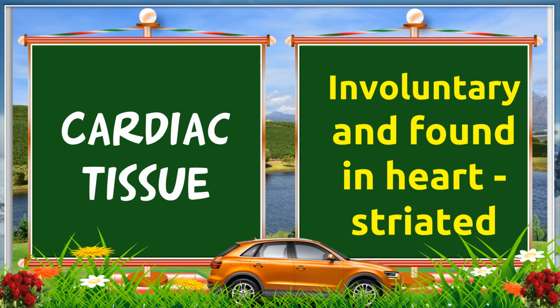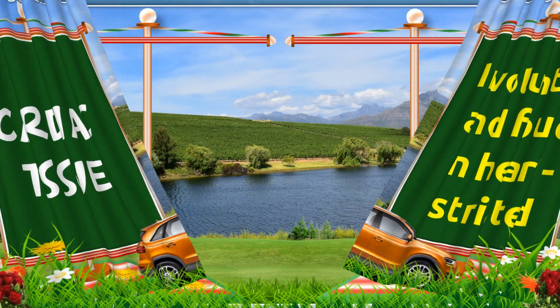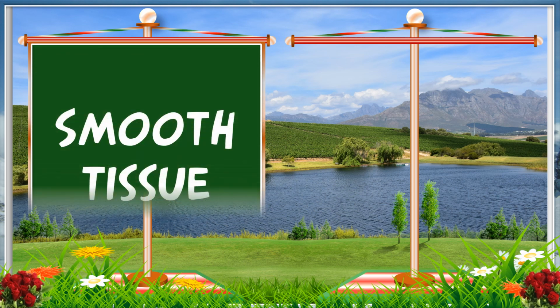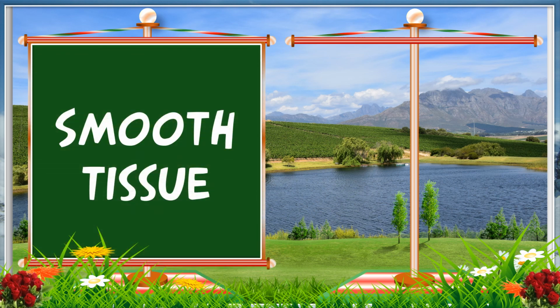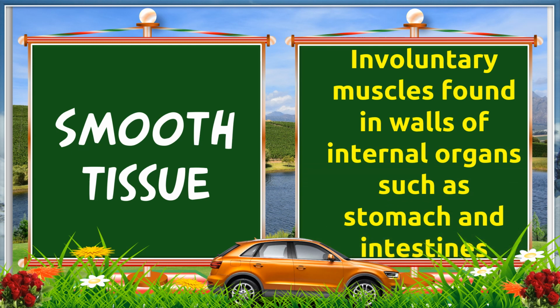Involuntary and found in heart, and it is striated. Smooth tissue. Involuntary muscles found in walls of internal organs such as stomach and intestines.